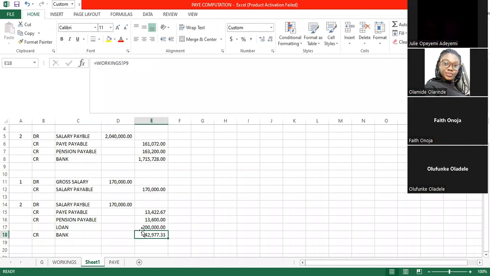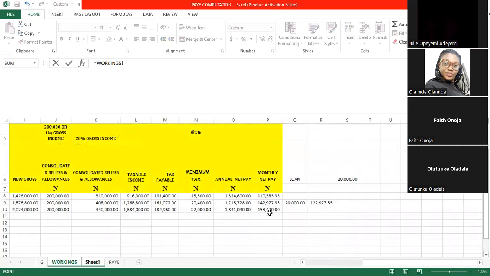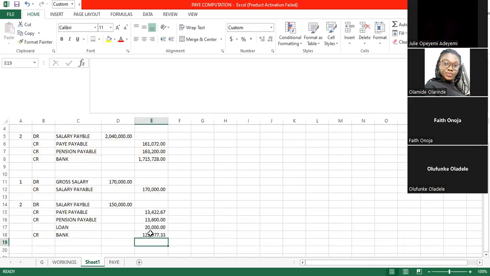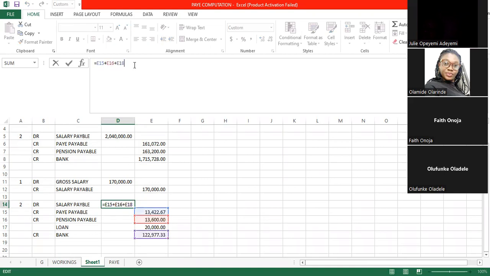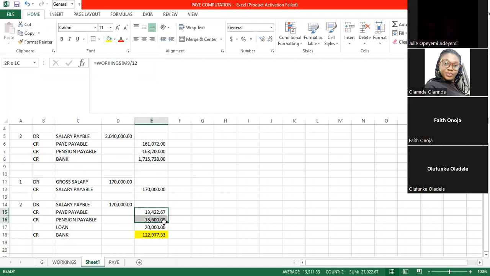Then we pick our net pay, which is 120. If you add it together with that 20,000, it still gives us 170. So by the time they want to pay the salary, this is what the company is going to pay, while this one will go to the appropriate head.